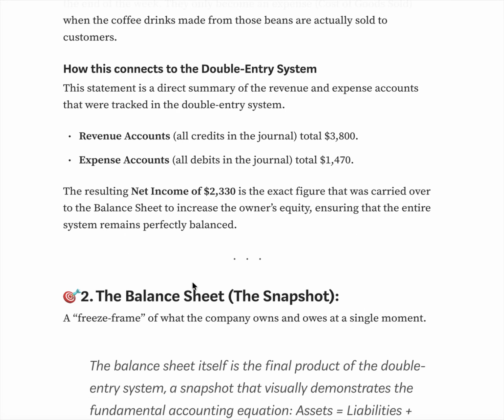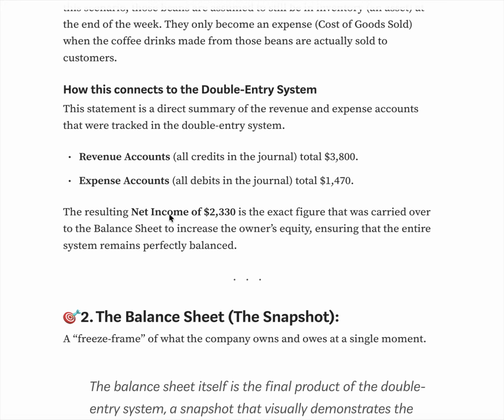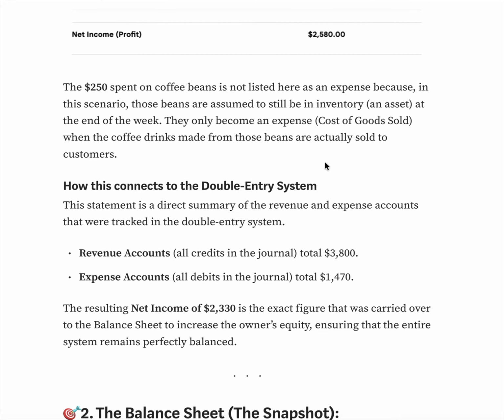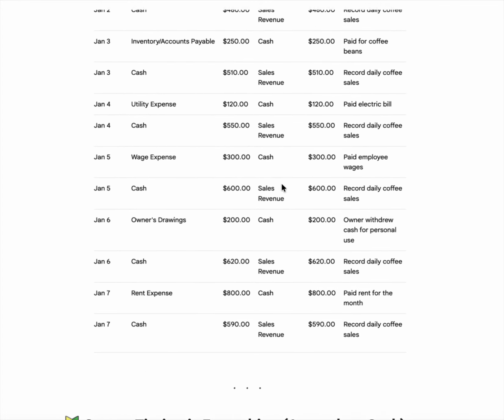So how does this connect to the double entry system? This statement, the income statement, is a direct summary of the revenue and expense accounts that were tracked in the double entry system, as you can see here. The revenue, all credits in the journal, totals 3,800, and expenses, all debits in the journal, total 1,220.